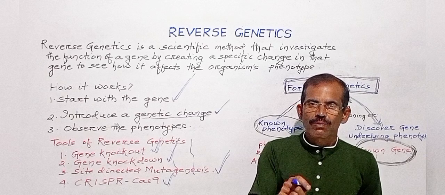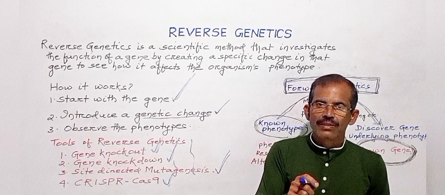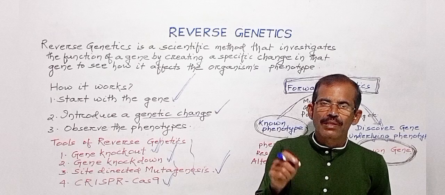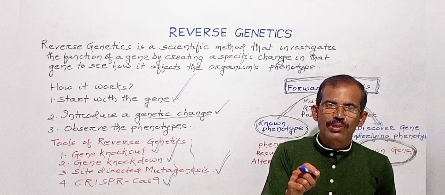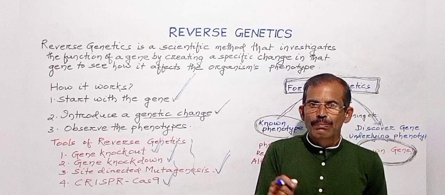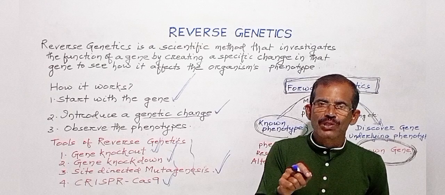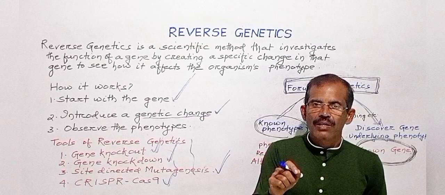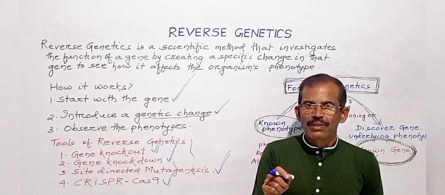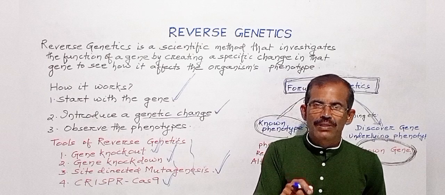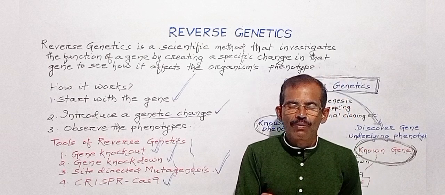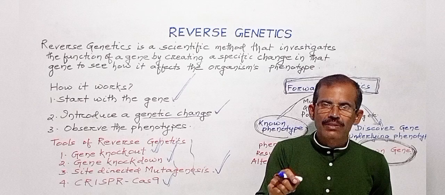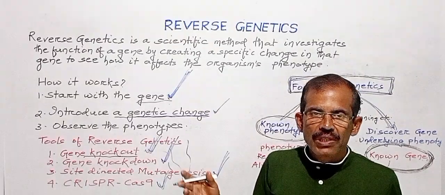Based on this observation, we can say that that particular gene contributes to the pathogenicity of the virus. Because of this, when the gene was silenced, the virus became less pathogenic. The same principle is applied in the production of attenuated virus vaccine.